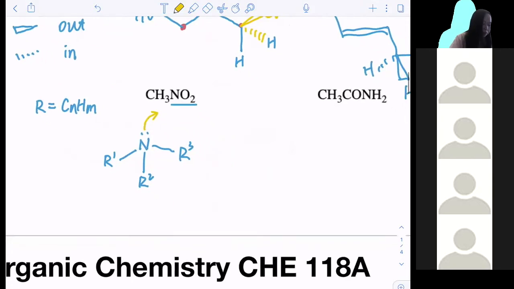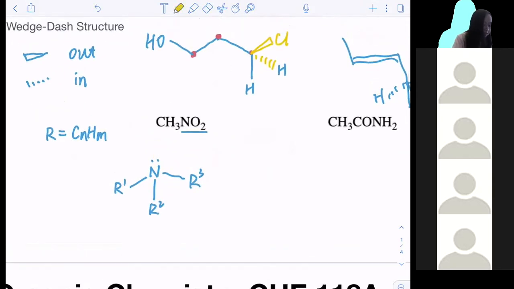If it donates that out, nitrogen can also be R4. So these are the two: the lone pair, and nitrogen donating one of its lone pair electrons out.